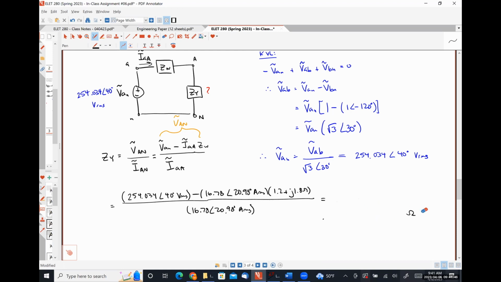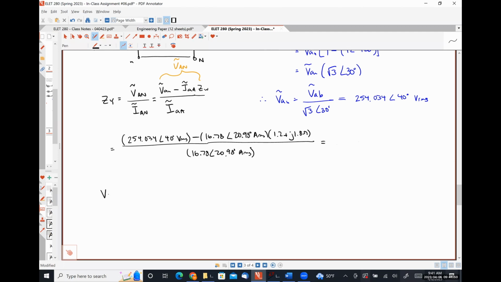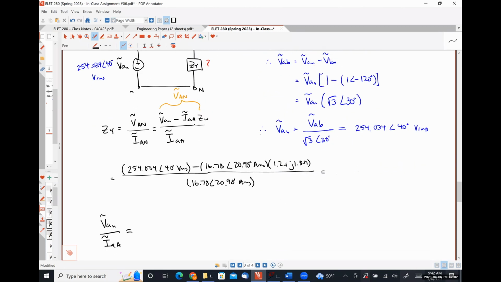So what was just suggested was that we take VAN divided by IAN. Well, that, from looking at this thing, is actually going to be ZW plus ZY. So we could subtract. Yep, absolutely.